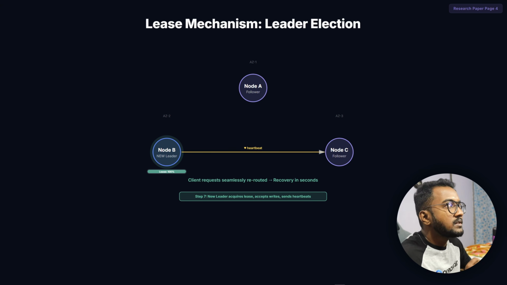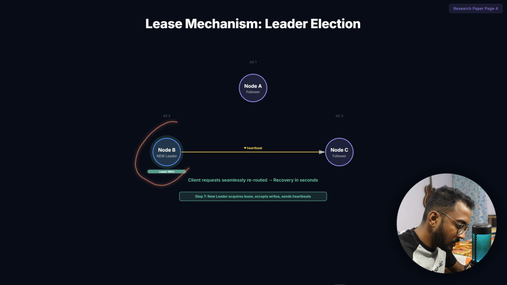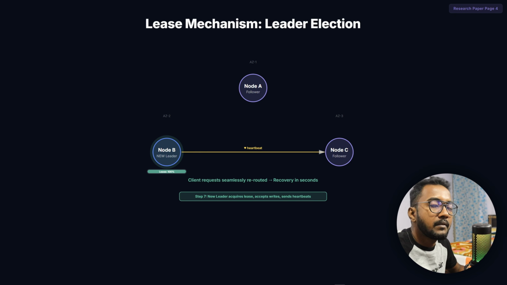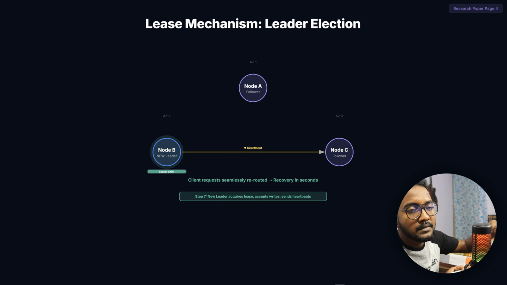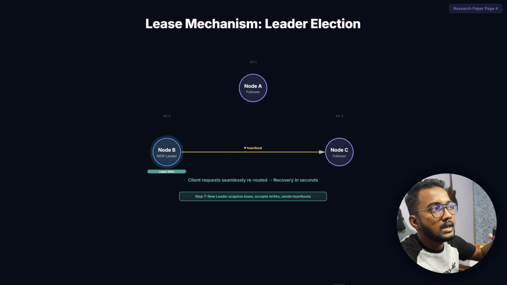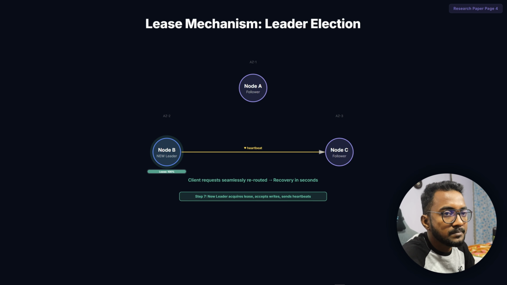So let's conclude this. Once the new leader, let's say node B, has acquired the lease, it will start sending heartbeats to all the followers and accept the writes. The metadata service will update that, hey, this is the new leader for this partition.